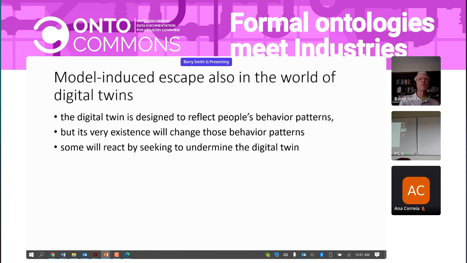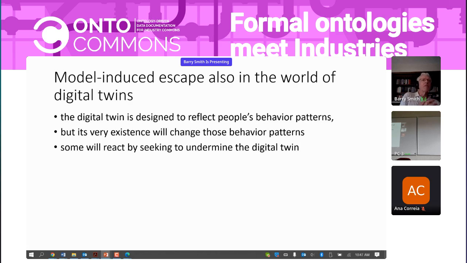Now, this is a very beautiful example of model-induced escape. Every digital twin, which reflects people's behavior at least, must always be no longer a twin as soon as it's installed. But now there are more substantial ways in which the digital twin will change behavior patterns.